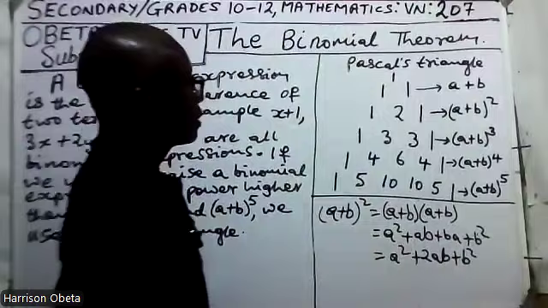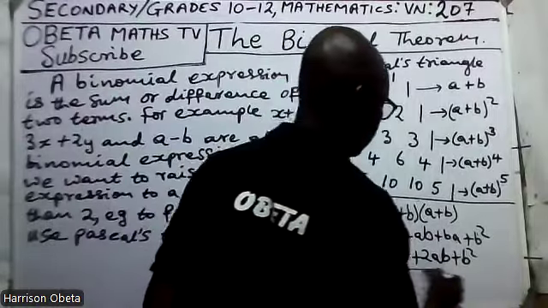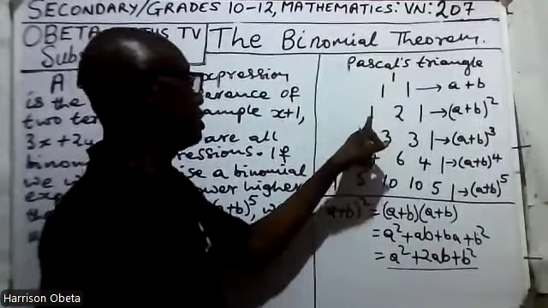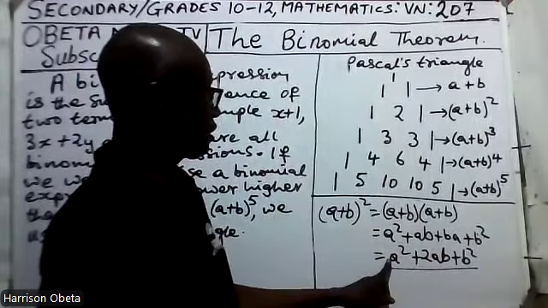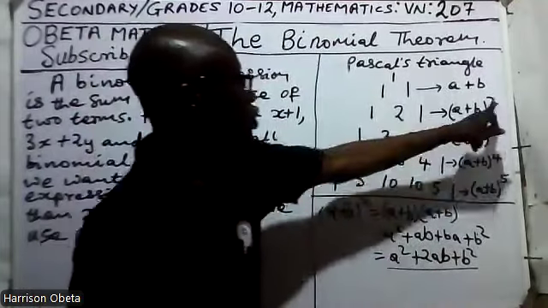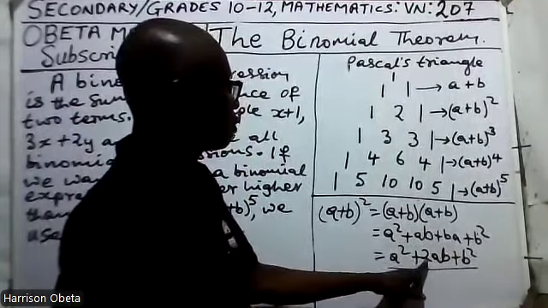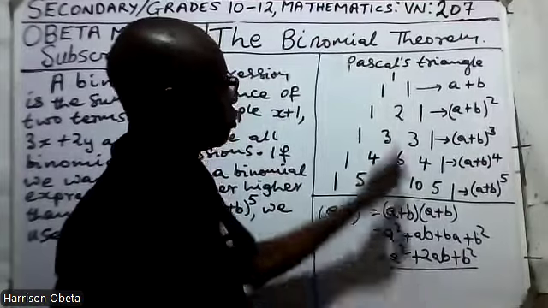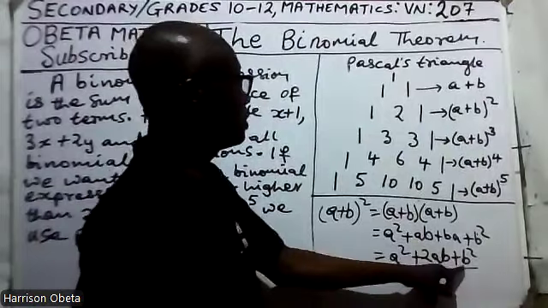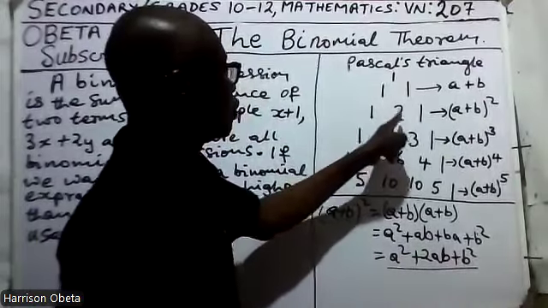You can see that what we have here is exactly what we have here. This one is the coefficient of the first letter, having the highest power, which is 2. Then 2ab, plus b squared. That's why you have 1, 2, 1.